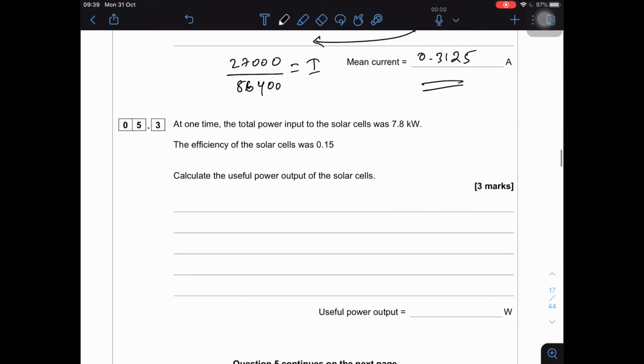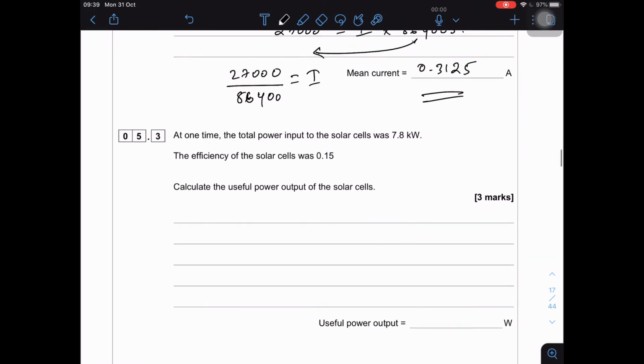Alright. At one time, the total power input to the solar cells was 7.8. The efficiency of the solar cell was 0.15. Calculate the useful power output.